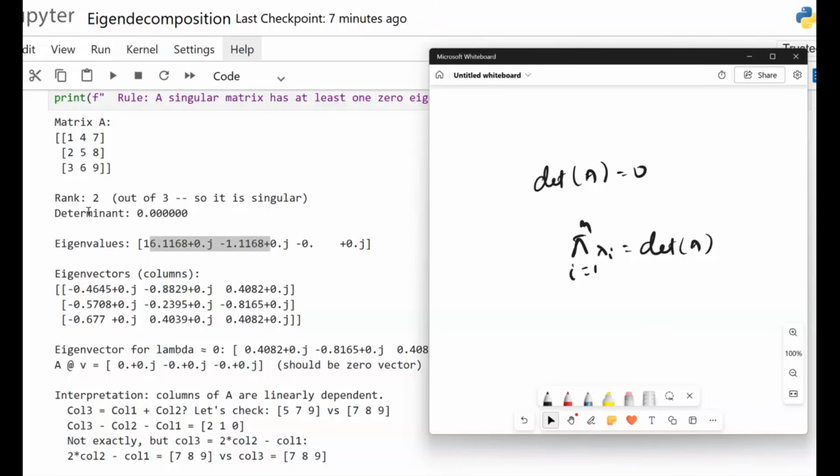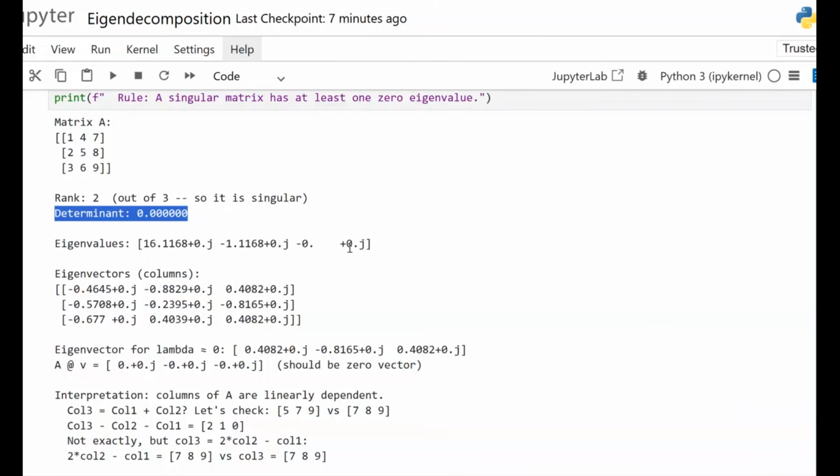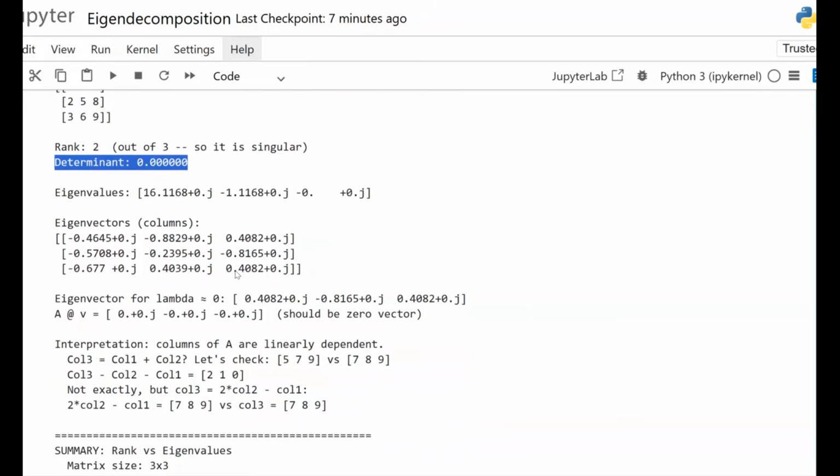So yes, dear friends, that is what we see: the determinant is 0 and one eigenvalue is 0. And when coming towards the null space eigenvector, for lambda equals 0, yes, here we verify that A multiplied by V is 0.